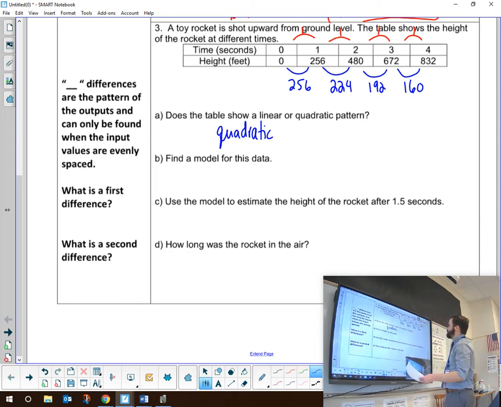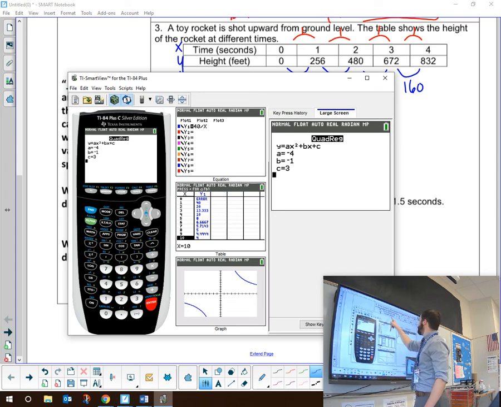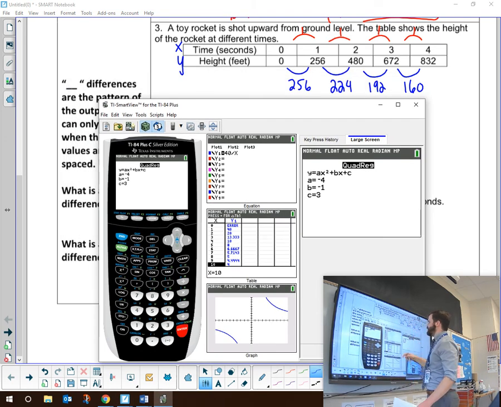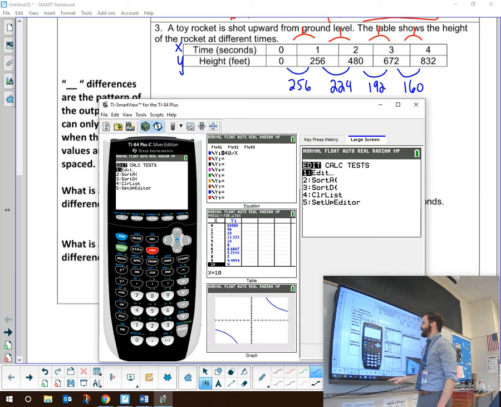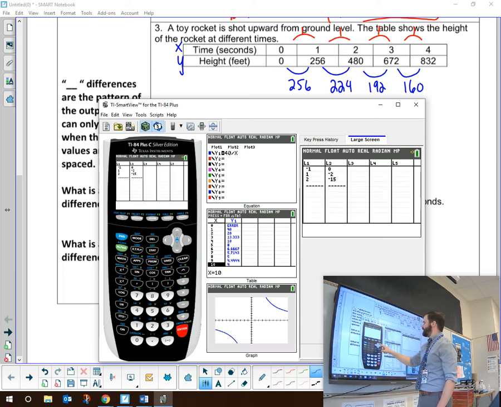All right, so now let's find a model for this data. We're going to make x my time, y my height, and I can use my calculator here to plug in my x's and my y's. So we're going to go back to stat, go to edit, clear out these lists, and put in my new x's.